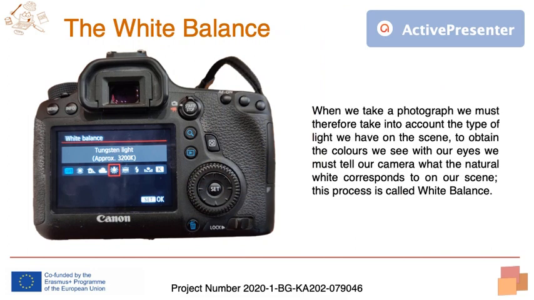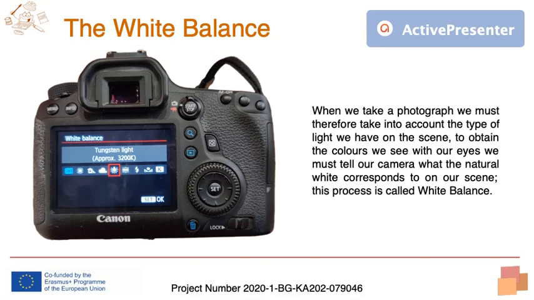When we take a photograph, we must therefore take into account the type of light we have on the scene. To obtain the colors we see with our eyes, we must tell our camera what the natural white corresponds to on our scene. This process is called white balance. Through the white balance we can cancel the color casts given by the color temperature of the light sources that illuminate the scene.